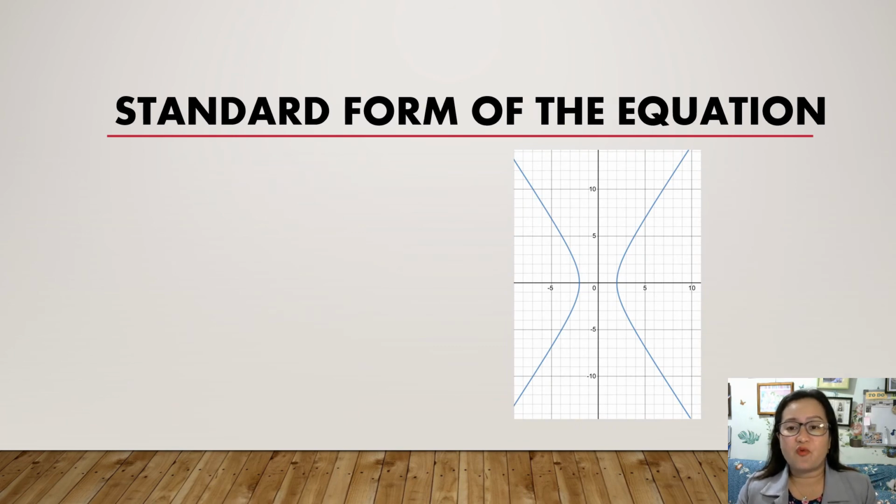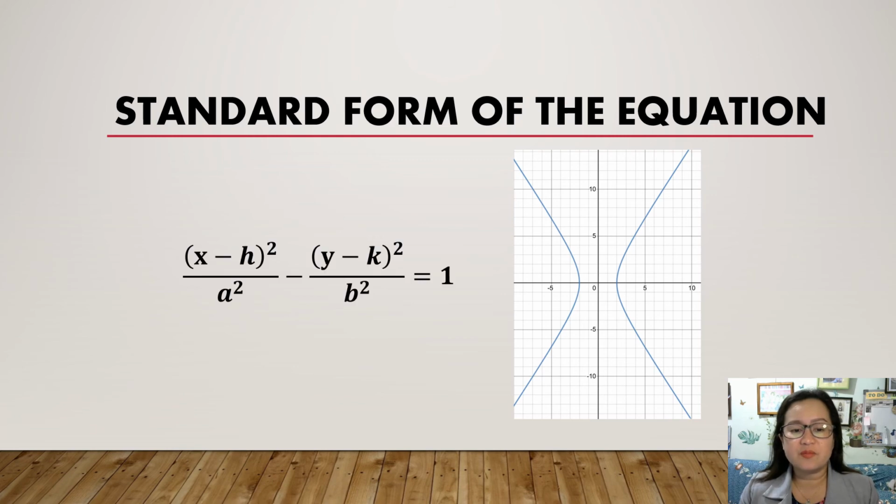The standard form of the equation of a hyperbola having a horizontal transverse axis is given by the square of x minus h all over a squared minus the square of y minus k all over b squared equals 1.